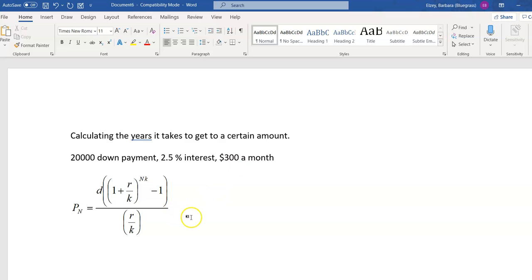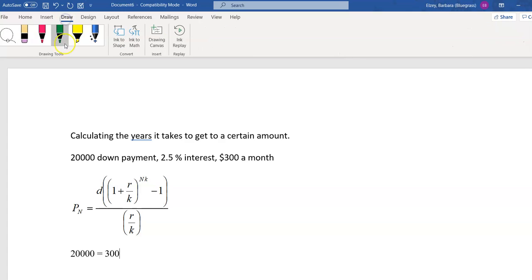So with that in mind, I'm going to put $20,000 on the left side. That's the amount that I want to eventually get. $300 is my deposit, and I'm going to go ahead and use the draw feature because otherwise this is going to get tedious. And then I'll have 1 plus my R is 0.025. We are making this on a monthly basis, so that will be 12 for K. And here's the weird part.